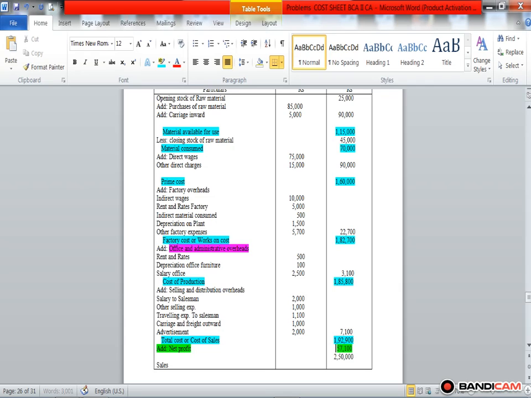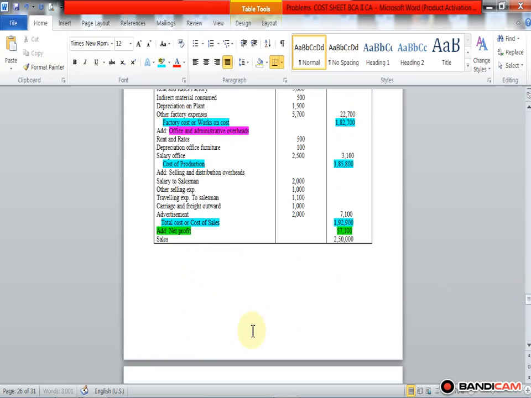Then we find out the net profit or net loss of the organization. That is how we find out: sales minus total cost. If the total cost is more than the sales, then the organization or industry has incurred a net loss. Okay, we write it below the solution here.